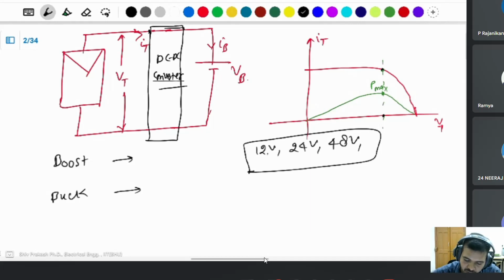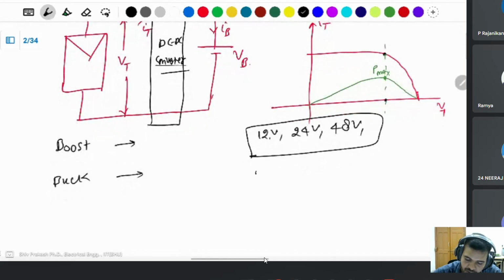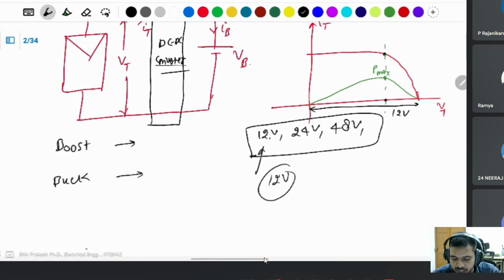If you take a solar panel to charge a 12 volt battery, with the maximum power voltage of the solar, then the maximum depends on the current rating also. Suppose this is 12 volt to charge a battery, and you take the same charge at 12 volt like a 15 volt supply.